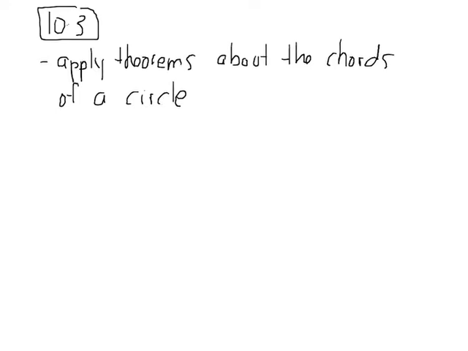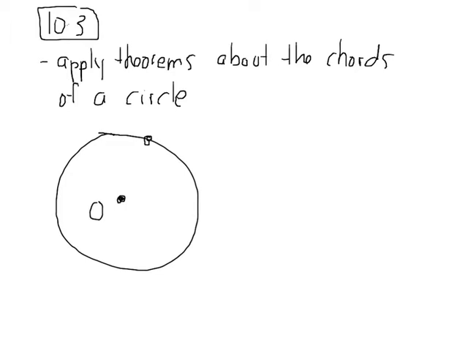So let's take a look at this circle right here. And let's call this, as usual, circle O. In circle O, I'm going to draw segment RS. You know that we call that a chord, so there's going to be chord RS. This chord cuts off two arcs.